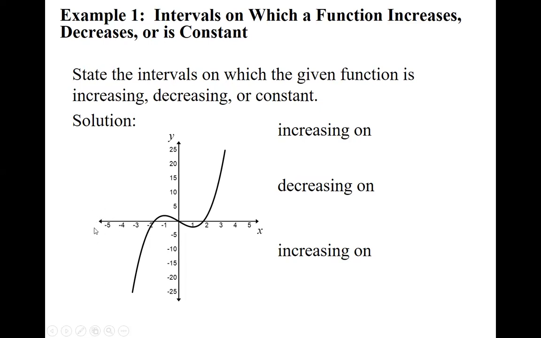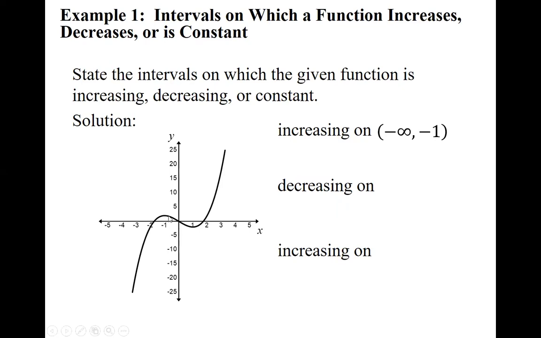At negative infinity on the x-axis, we're all the way down and left. If we hop on the graph from left to right, we're going up from left to right, all the way until we hit the x of -1. So from negative infinity to -1, we are increasing.